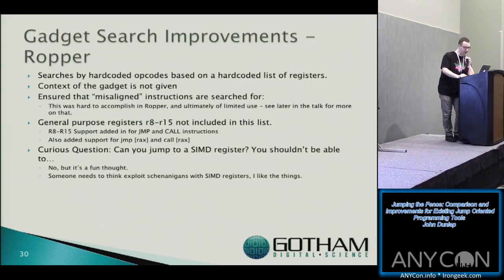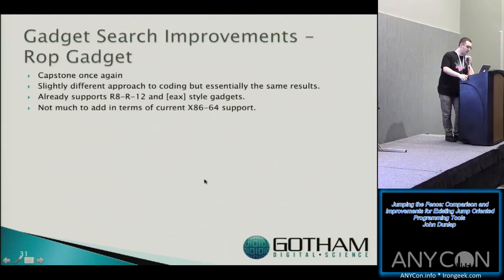That's something we want. And we also want the dereference call instruction. That's just something they didn't add, probably because it wasn't useful in classic ROP attacks. So we added that. ROPgadget was a little more complete, but we did add some corner case kinds of encodings.